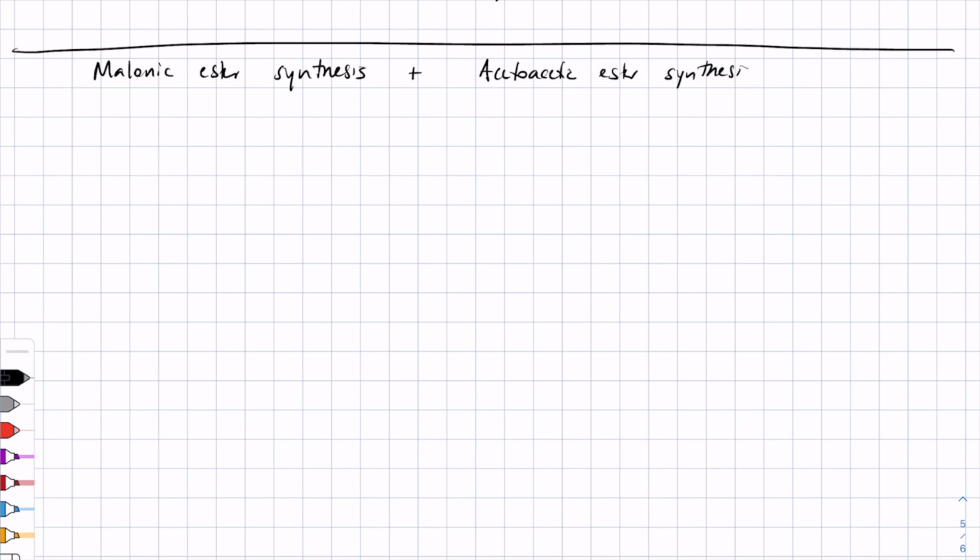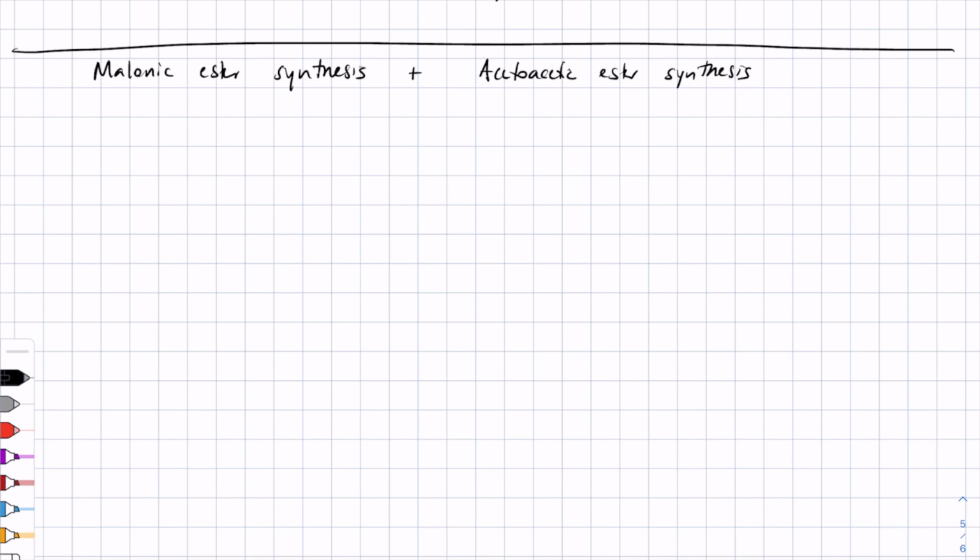And I frankly don't like those titles because in those two approaches, malonic ester and acetoacetic ester are the starting materials, not the products. So perhaps more appropriate would be the synthesis that begins with the malonic ester or the synthesis that begins with the acetoacetic ester. Nevertheless, that's not what your text has chosen to do.